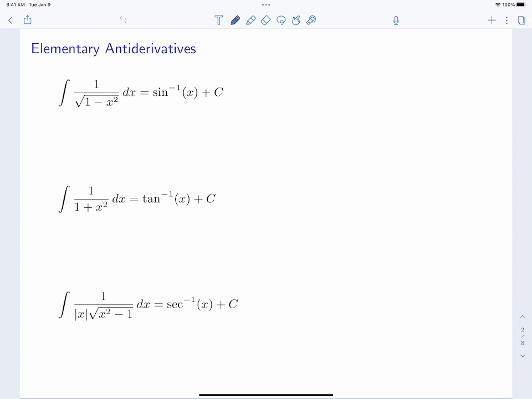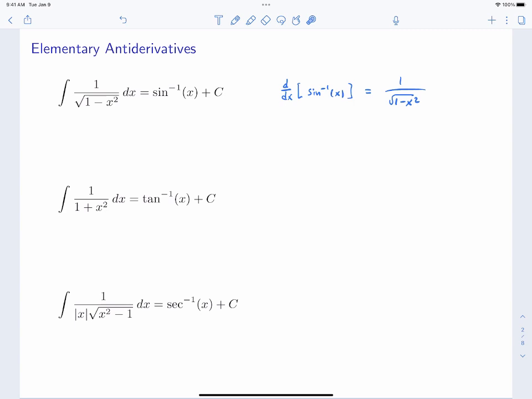We know that this is true because we know that the derivative with respect to x of inverse sine of x is equal to 1 over the square root of 1 minus x squared. So this elementary antiderivative is just the reverse. Instead of looking at the derivative of inverse sine, we look at the antiderivative of 1 over the square root of 1 minus x squared.